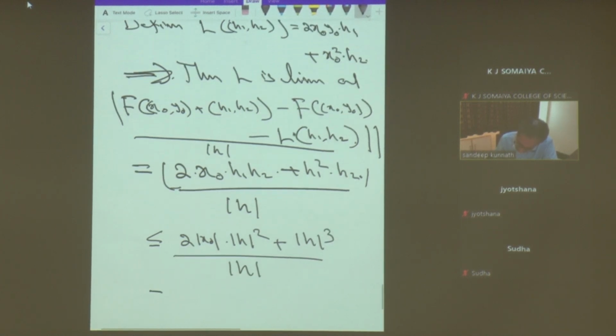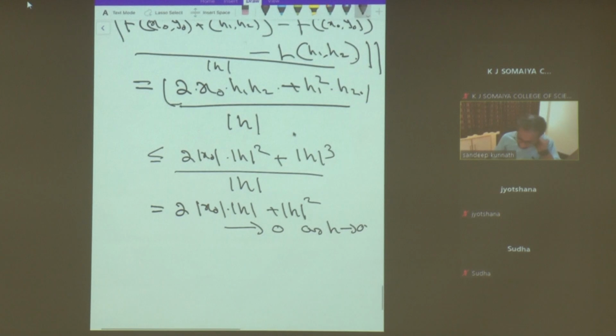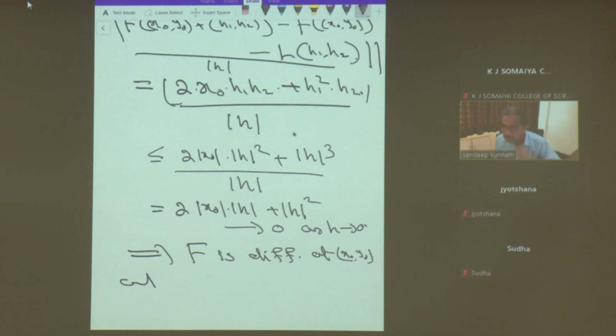You get 2 times mod x naught into mod h plus mod h squared, which will clearly go to 0 as h goes to 0. Therefore f is differentiable at (x naught, y naught).